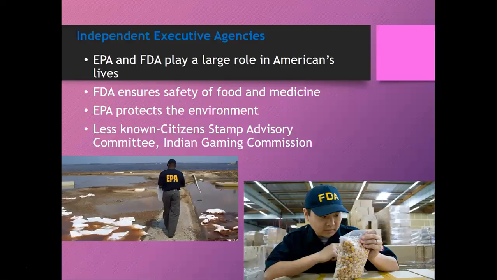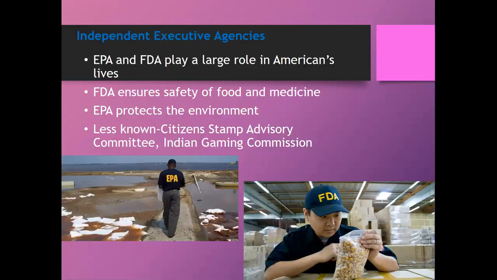Some of the less known agencies that you don't hear of every day have much smaller budgets and don't impact your life as immediately. They are things like the Citizen Stamp Advisory Committee, which basically is people that decide who's going to be on a stamp and what the design of a stamp is going to be.